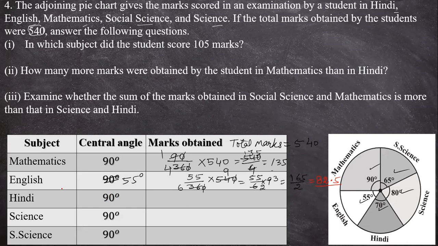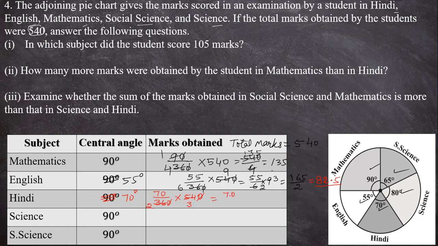Now Hindi, the angle is 70 degrees. Again, it is not 90. Sorry, children, it happened by mistake. Yes, now Hindi 70 degrees. So 70 degrees, total degrees 360 into 540. Now 0 to 0 cancel out. 18 twos are 36, 18 threes are 54.